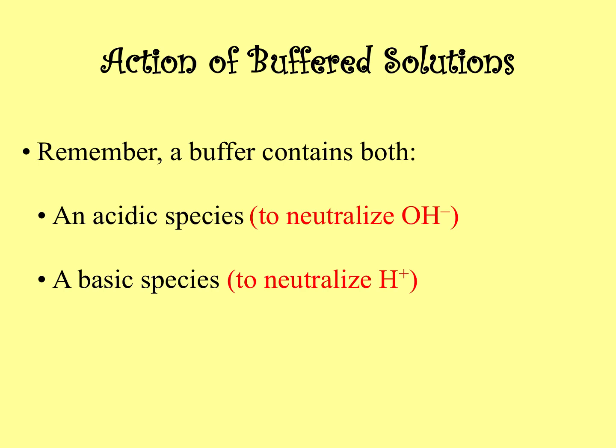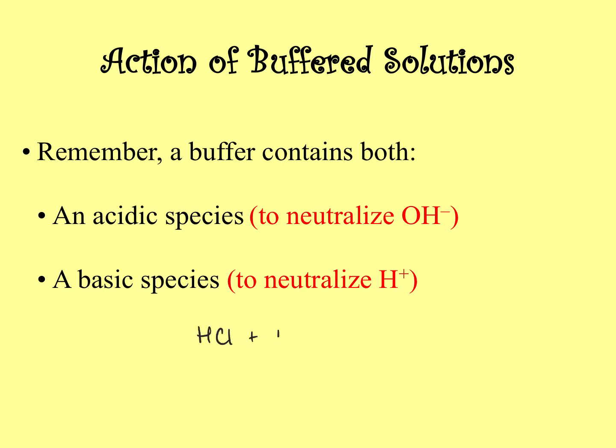Okay, and so once again, this is very, very important. A buffer contains both an acidic species to neutralize the OH minus and a basic species to neutralize H plus. And they both have to be weak. Let's make sure you understand why a strong acid and a conjugate base will not work. We'll do HCl.